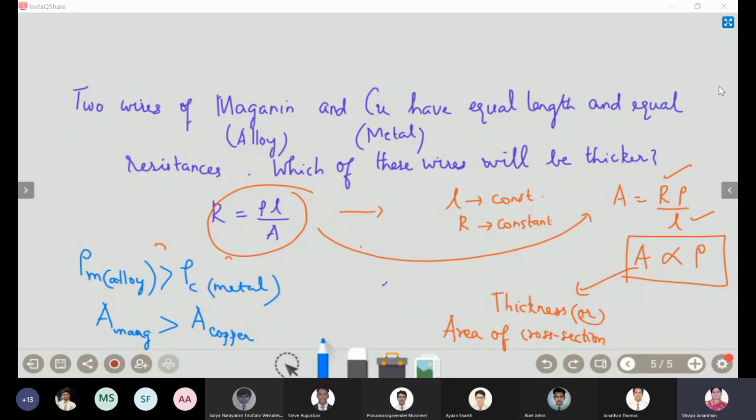So you have to use the equation H is equal to V squared by R into T. Suppose the wires are connected in series, I is a constant, then you have to go for the equation H is equal to I squared RT. Are you clear, boys? Series connection, H is equal to I squared RT. Parallel connection, H is equal to V squared by R into T.